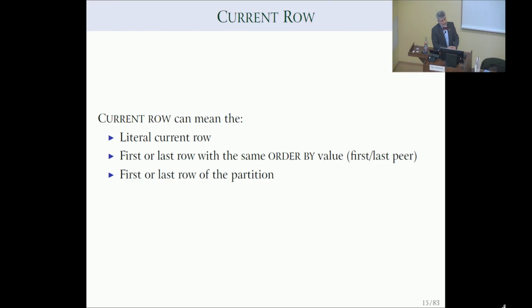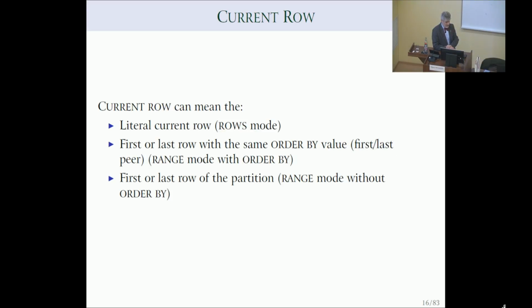And that would happen if you're in order by mode, if you have an order by, and you're in range mode, which again, is getting very complicated. Or current row could mean the first or last row of the partition. So even though you're saying current row, it could be the last row, not the current row. And this kind of problem really gets to the heart of one of the complexities of this syntax.